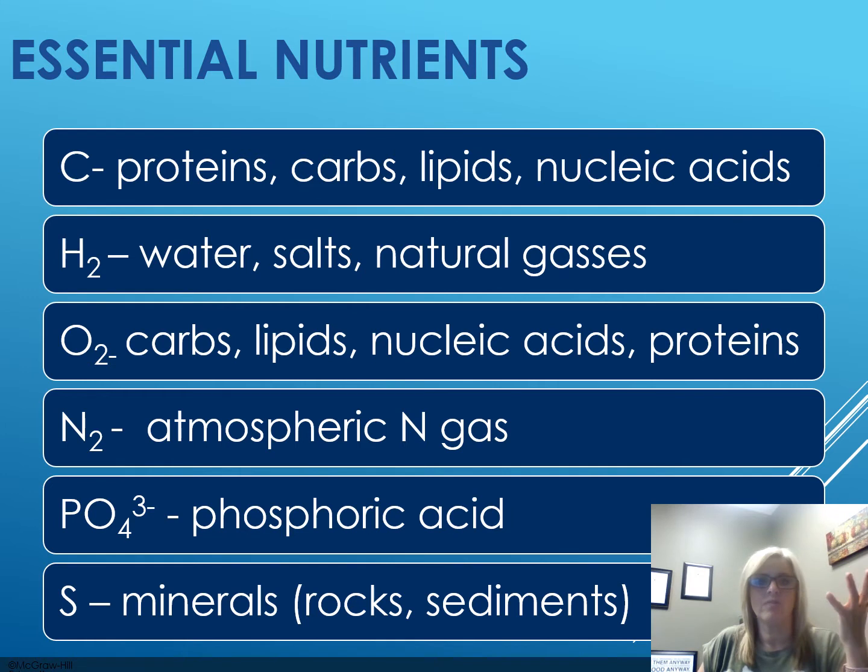Nitrogen, atmospheric nitrogen gas is about 79% of the atmosphere's gas, and it is vitally important for the structure of proteins, DNA, RNA, and ATP, which are nucleic acids. Some bacteria and algae can obtain nitrogen from inorganic forms like nitrate, nitrite, or ammonia.